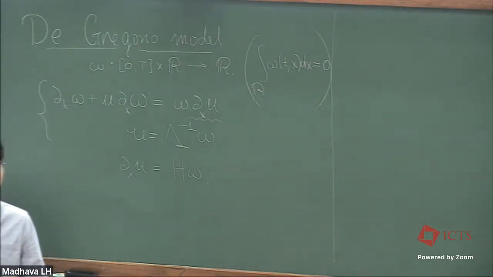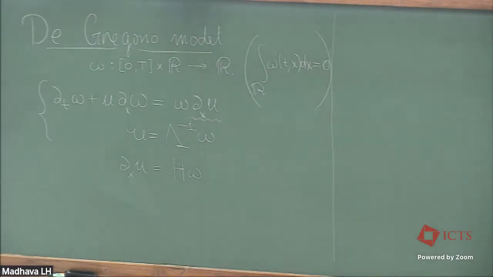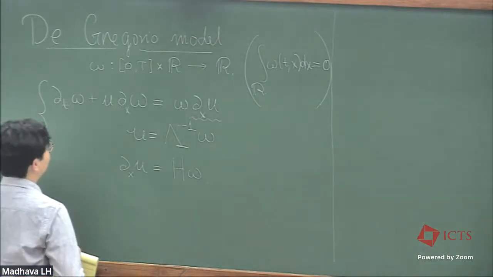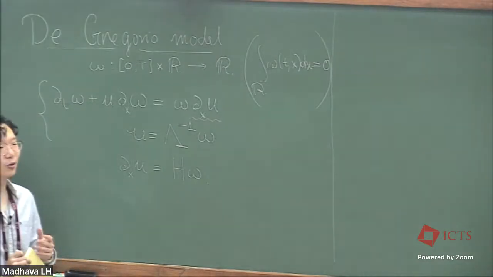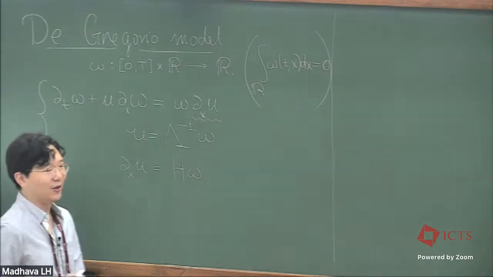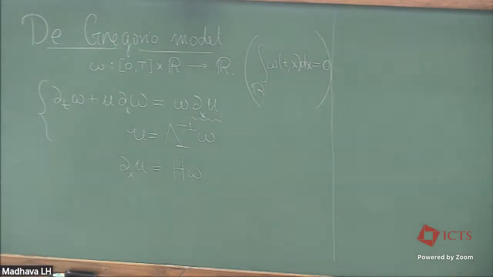So this model has several parallel properties with the 3D vorticity equation. For example, we have the Cauchy formula for de Gregorio equation. So what do I mean? Let X be the flow.